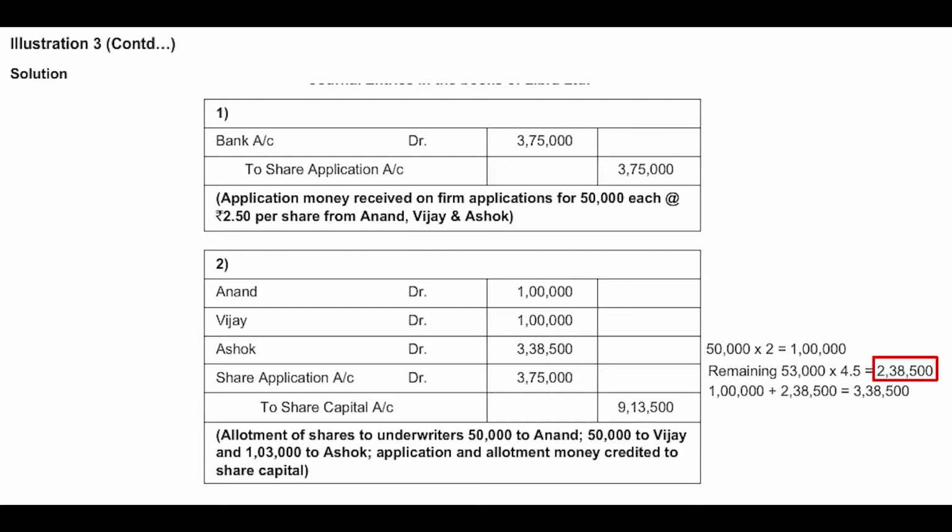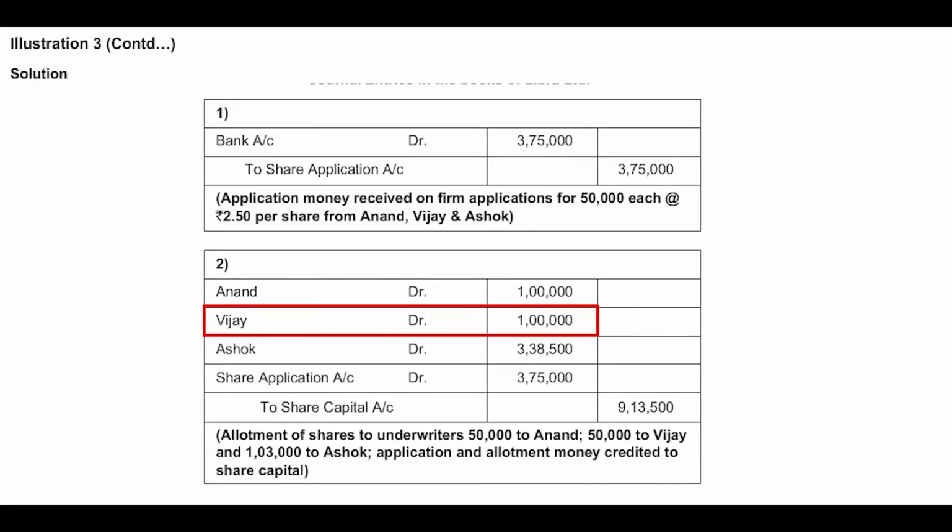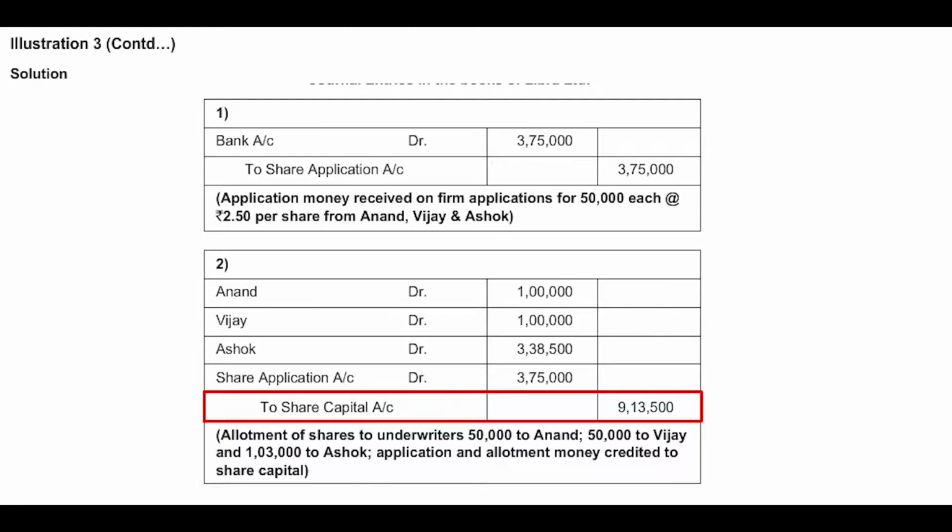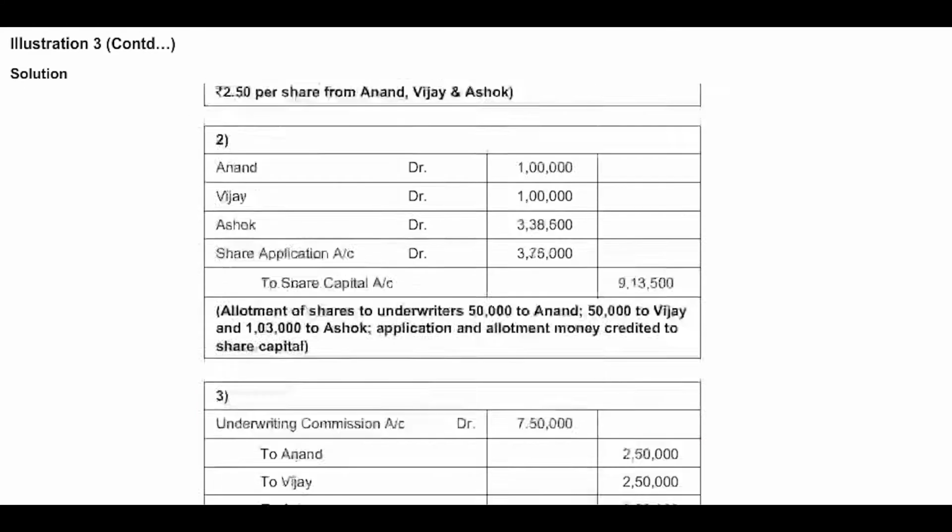So the underwriters will be debited by 1 lakh, 1 lakh and 3,38,500 respectively, share application money will be debited, and share capital will be credited by 9,30,500. This is the allotment entry which needs to be passed.